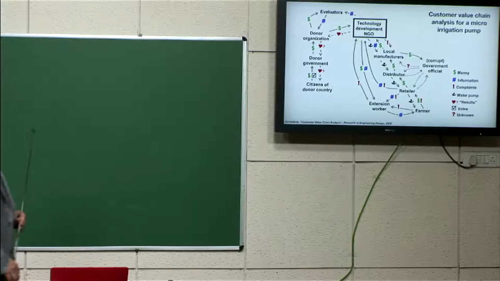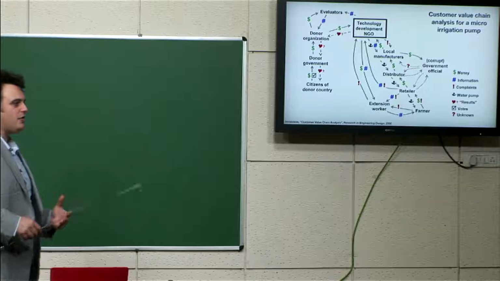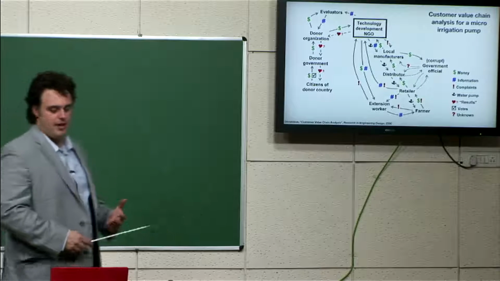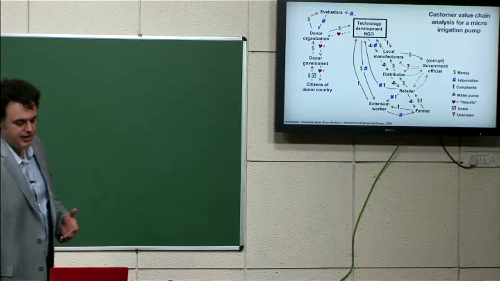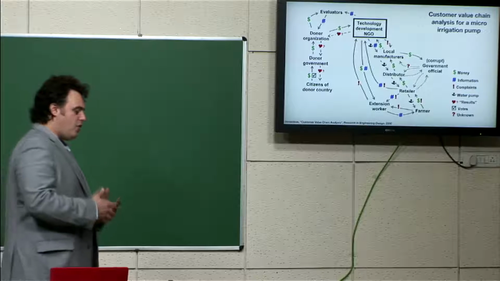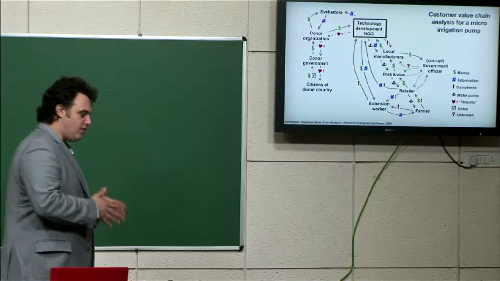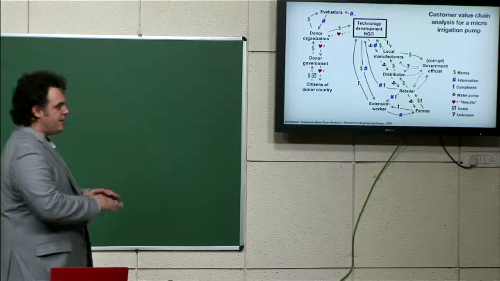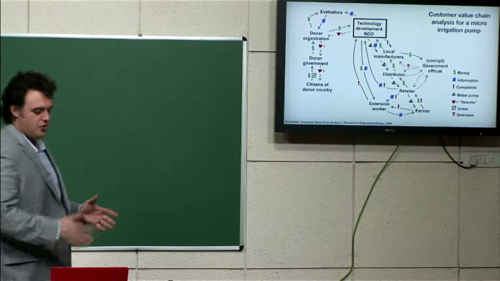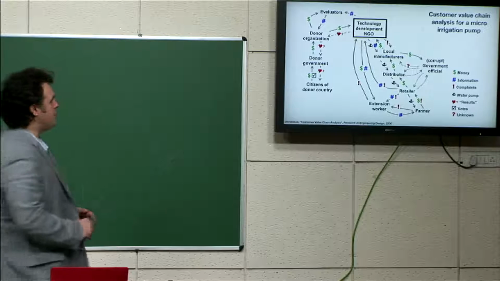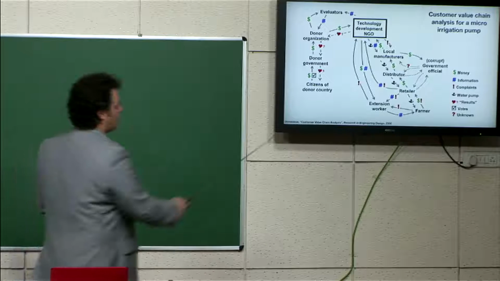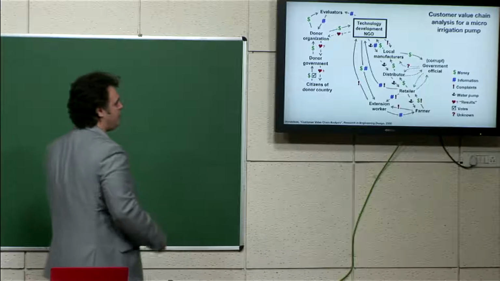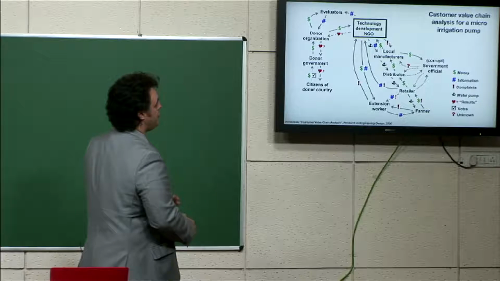So here's another concept of just thinking about how many stakeholders are behind a problem and behind a solution you want to design. It goes back to this idea that you don't want to just design for a single user, like the end user. You want to design ideally to meet the needs of the entire ecosystem. This is a paper called Customer Value Chain Analysis, that was written 12 or 13 years ago.